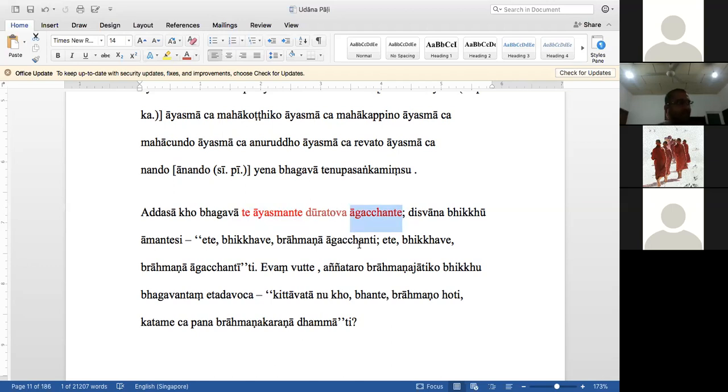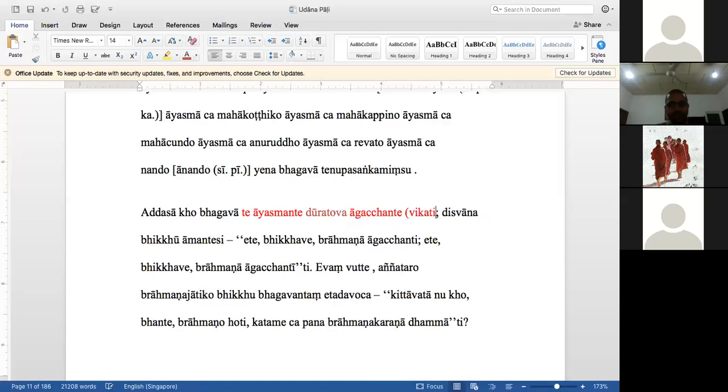But this may not be necessary for you to understand the meaning. Technically, if you go to a traditional grammar, they would call this a Vikati Kamma. Sometimes this may lead to some confusion for students, but since some students are advanced in Pali, I just need to give some information on this. So traditionally, surprisingly, they explain this as Vikati Kamma.